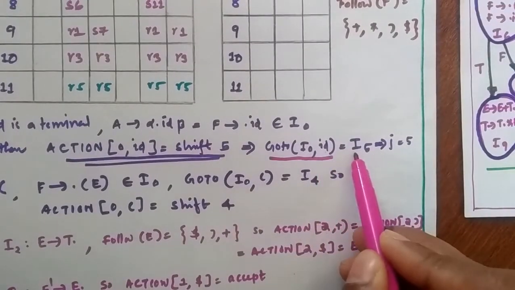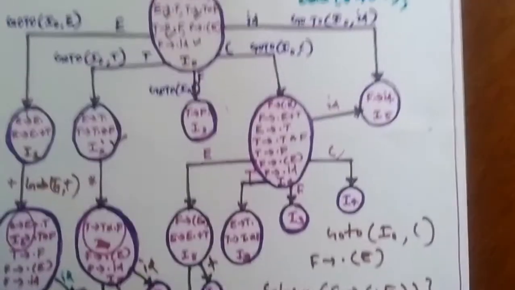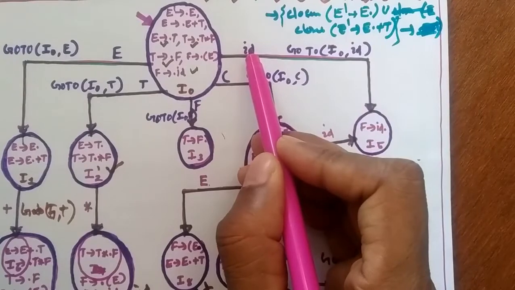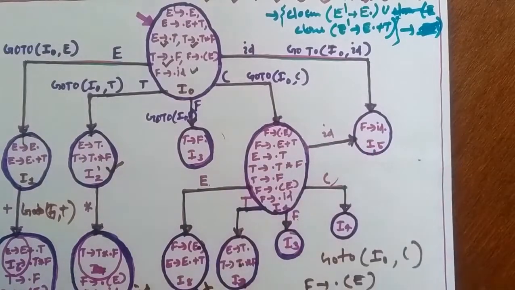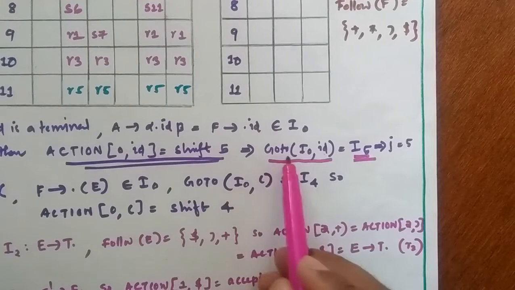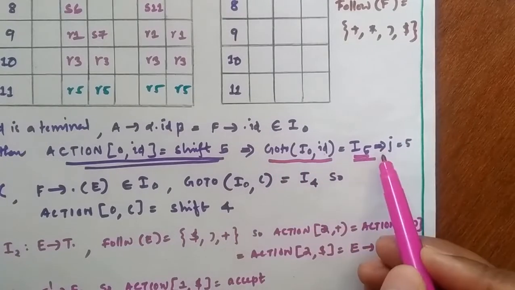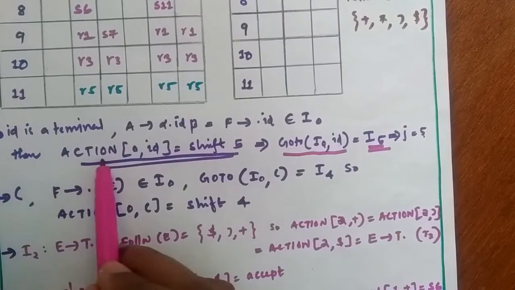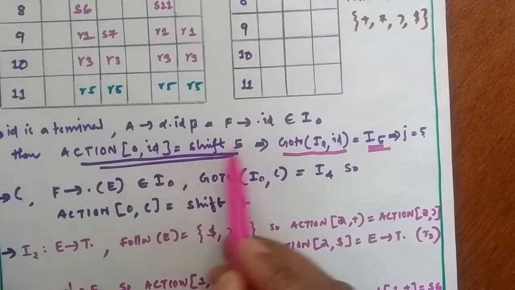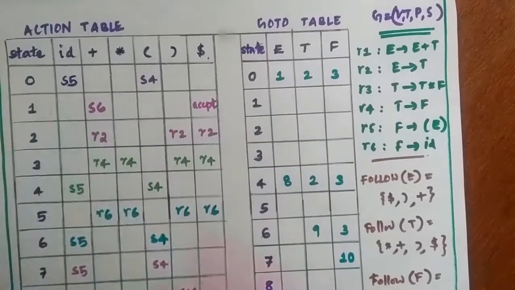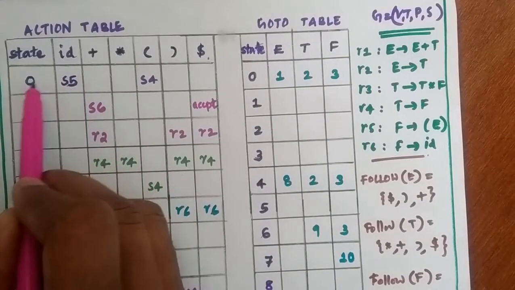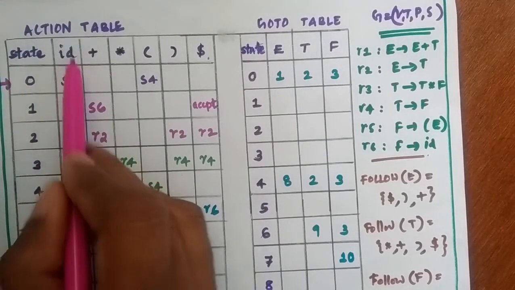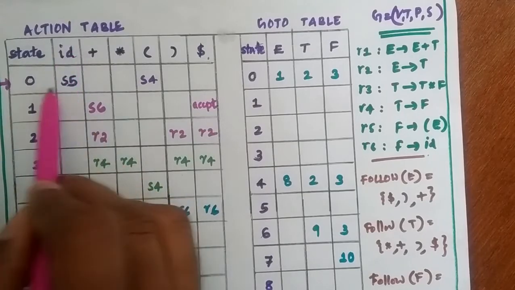From the diagram you can see that from I0, if ID is the input, it will go to I5. So goto of I0 ID is equal to I5. That means j is equal to 5 and I is equal to 0. So action of 0 ID is equal to shift 5. In short we will represent it as S5. S5 is shift 5. The state is I0 and the terminal symbol is ID. Here we will add S5.